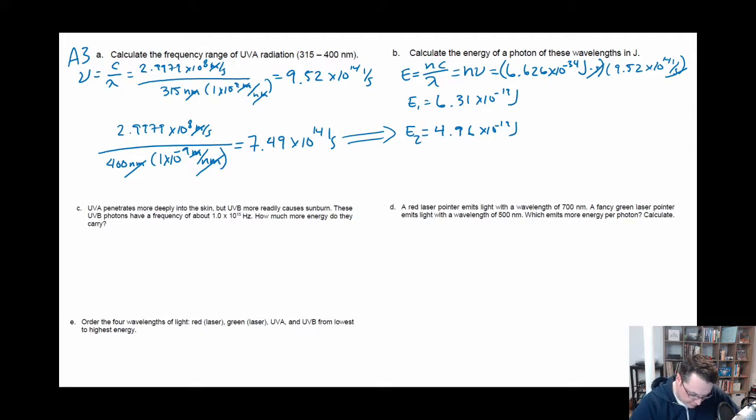So part C. UVA penetrates more deeply into the skin, but UVB more readily causes sunburn. These UVB photons have a frequency of about 1 times 10 to the 15th hertz. How much more energy do they carry? What we have to do in these cases is first convert this into energy.